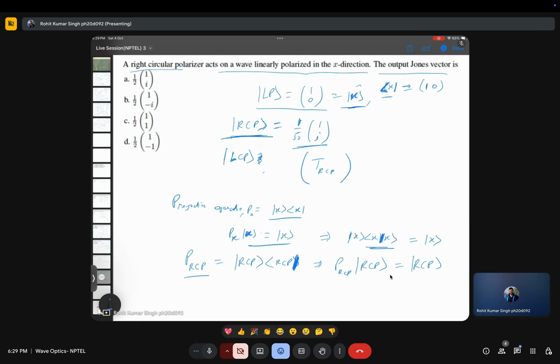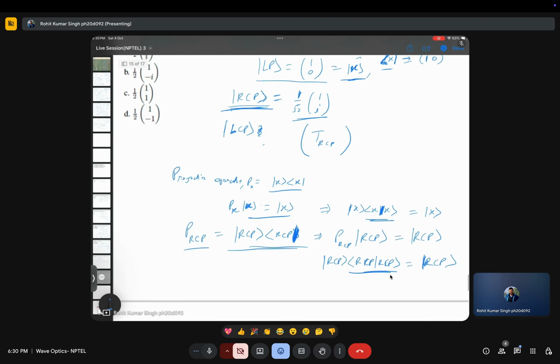Because this is just RCP, and this is equal to 1, so you are left with RCP. So the matrix which gives you right circularly polarized light is basically given by this projection operator.